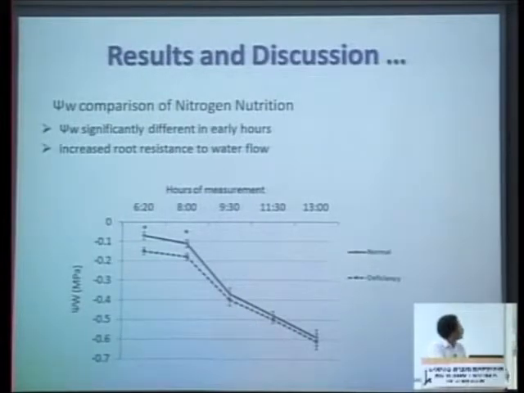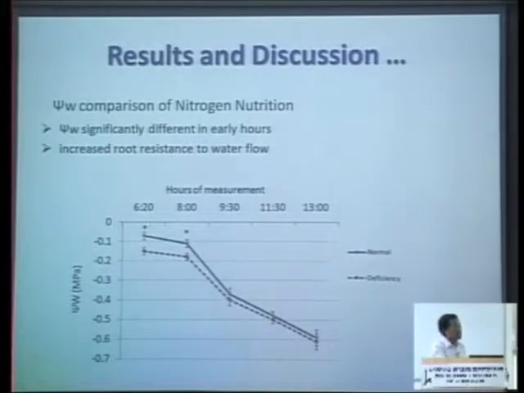Again, with the nitrogen deficiency experiment, we follow the same trend, and we try to determine the water potential difference between the two treatments within the experiment day. So this one is the normal nitrogen condition, and this one is the deficient nitrogen condition.